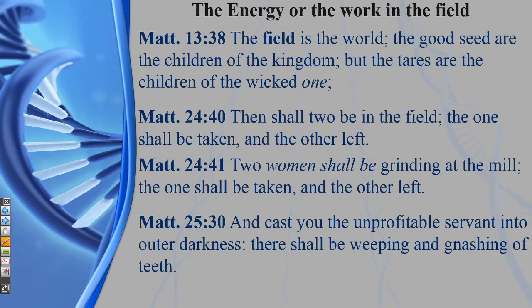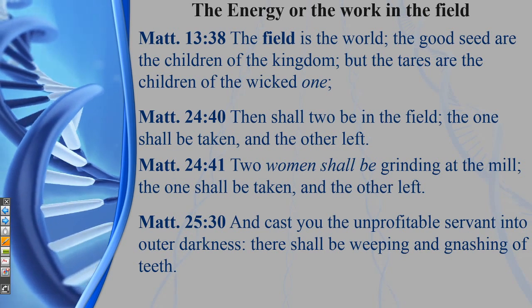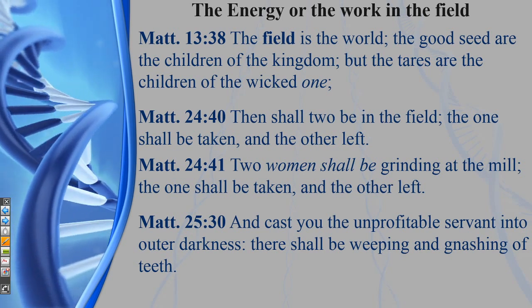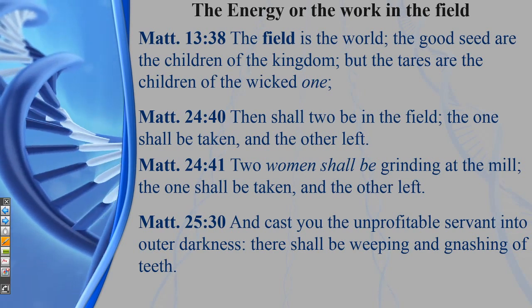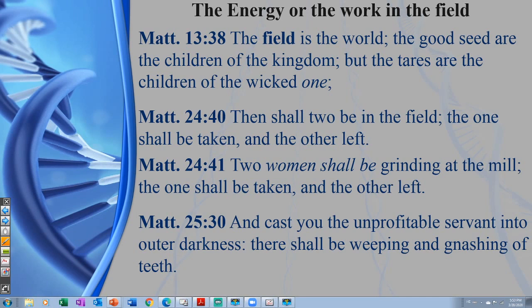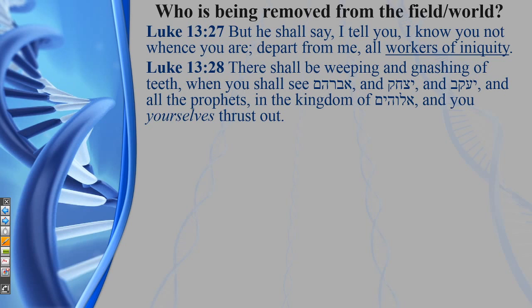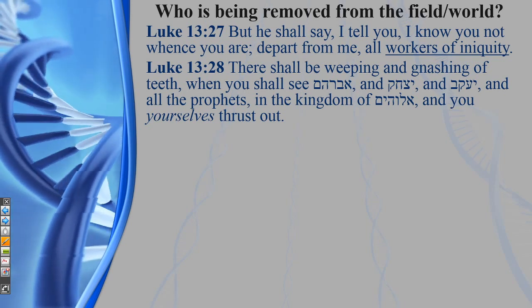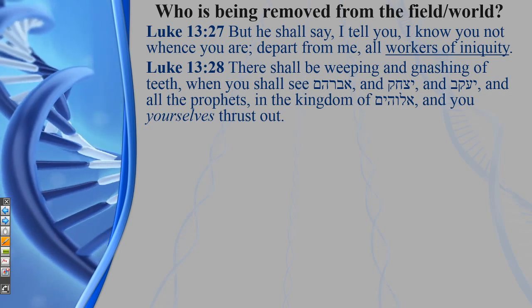Matthew 25:30: "And cast the unprofitable servant into the outer darkness. There shall be weeping and gnashing of teeth." There's one that's going to be taken away. If you want to call it rapture, sure. All right, because they're getting that maybe confused with Thessalonians. So anyway, Luke 13:27-28 says, "But he shall say, I tell you, I know you not whence you are.